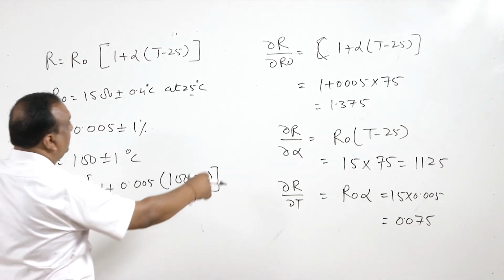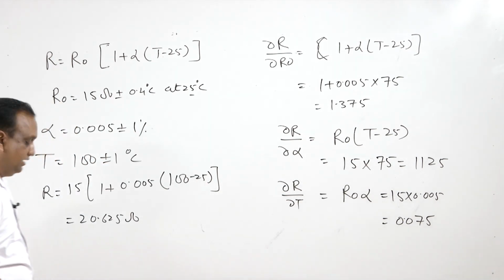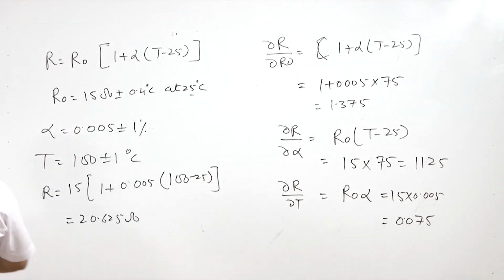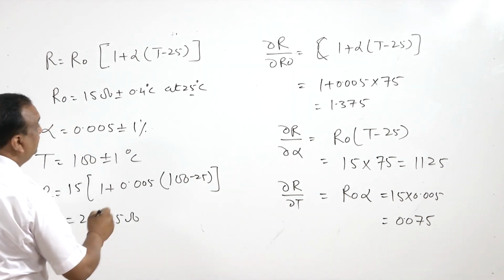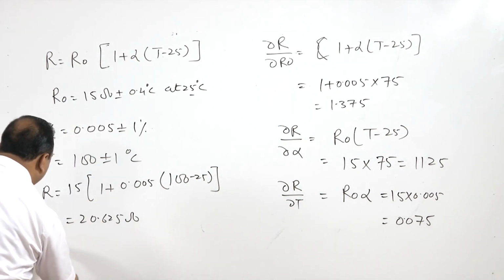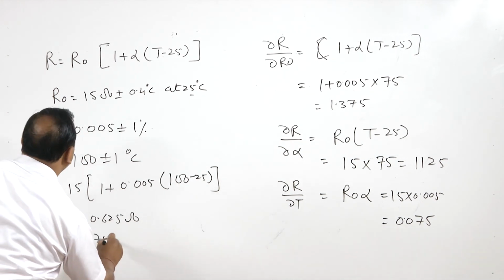So now we have the partial differentiation of R with respect to R0, alpha and T. Let us note them: del R by del R0 is equal to 1.375.